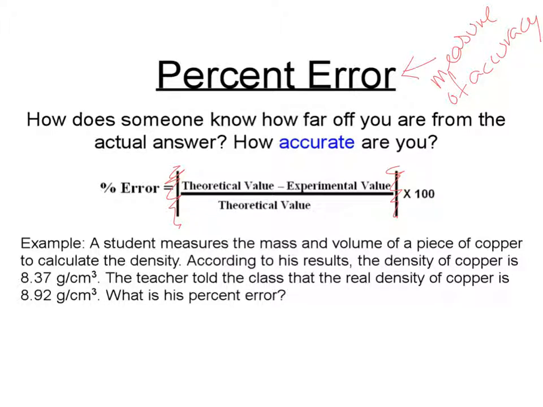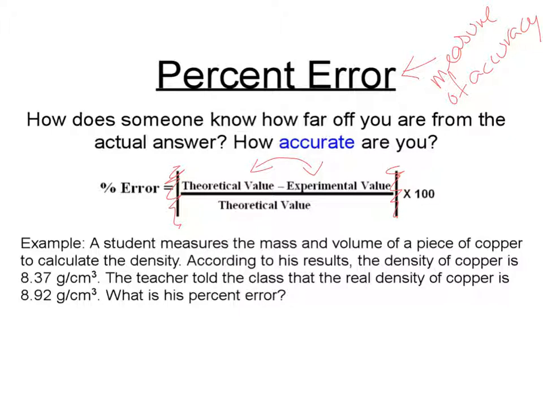All right, so for percent error, what we're going to have is our theoretical value minus the experimental value over the theoretical value times 100. And that is actually incorrect. This is probably the worst formula I've ever seen. I want you to switch those two. What it should say is experimental minus theoretical over theoretical, because we want something to happen.